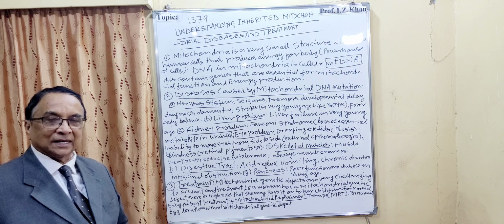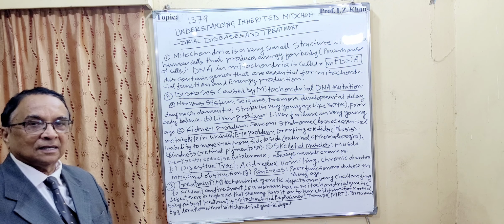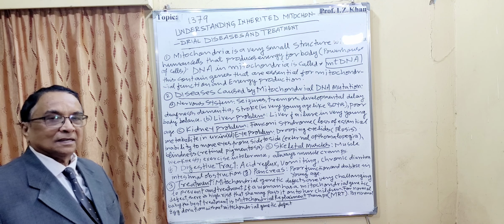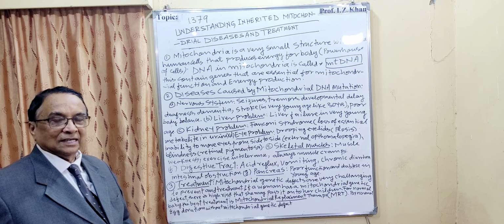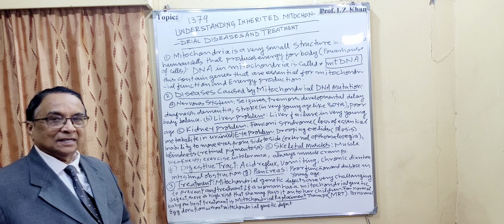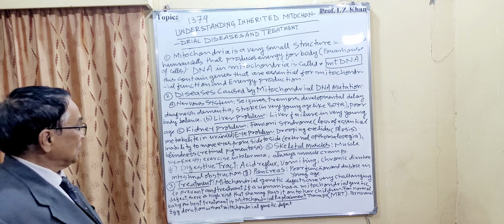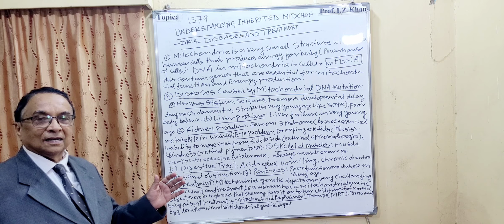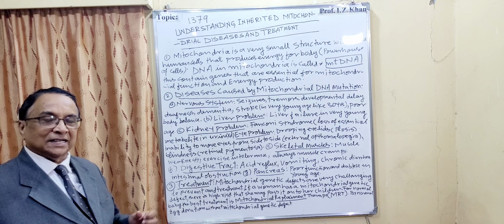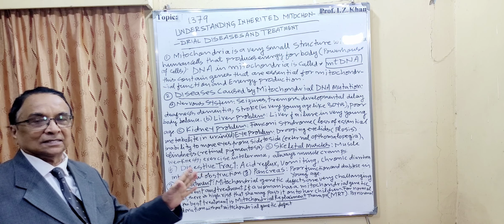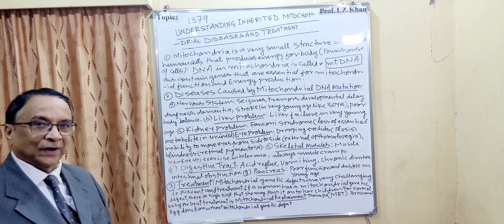The function of the pancreas will become poor and the child will suffer diabetic condition at a very young age, even maybe in the age group of 6, 7, 8 years. Whenever there is diabetic condition in a very young child, it means there is mitochondrial defect, genetic defect.